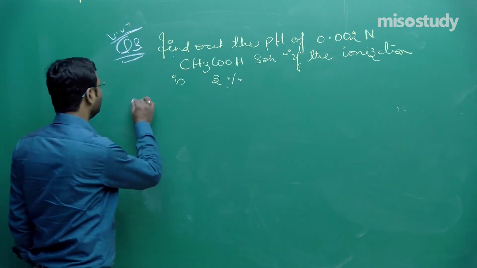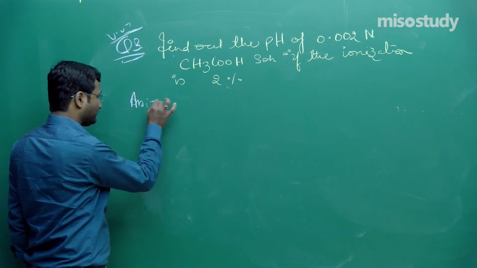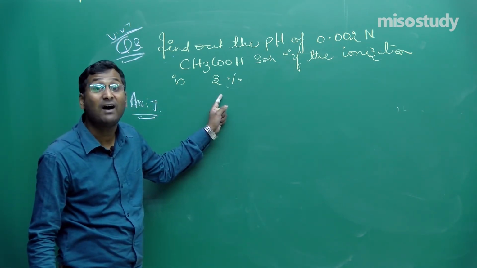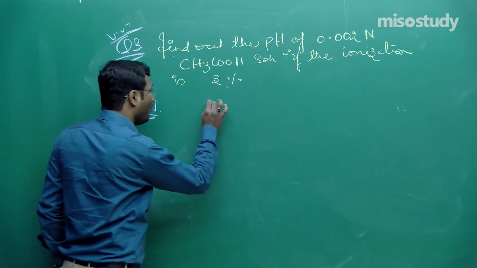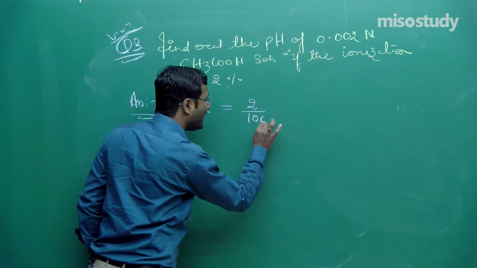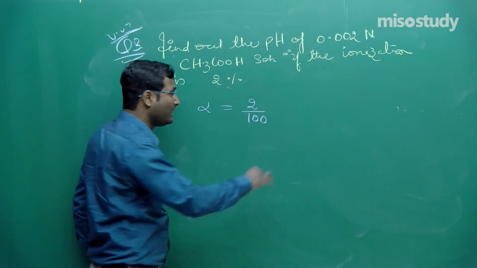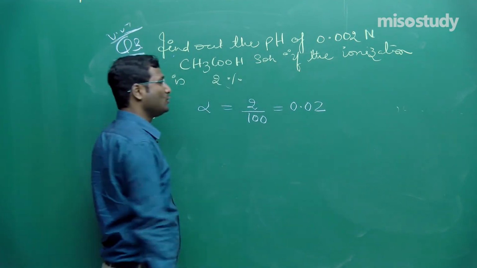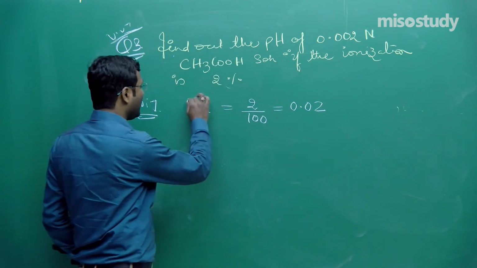Now what to do? Here ionization, that means to say alpha is given. As we know, alpha will be equal to 2 upon 100 because there is 2%, so the value will be 0.02. Are you getting? We got alpha.